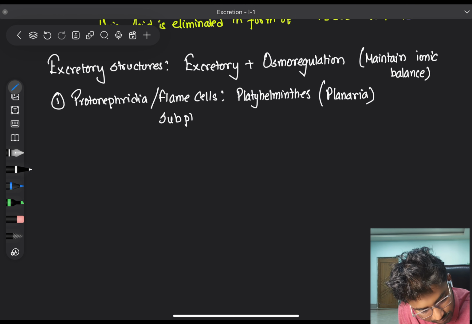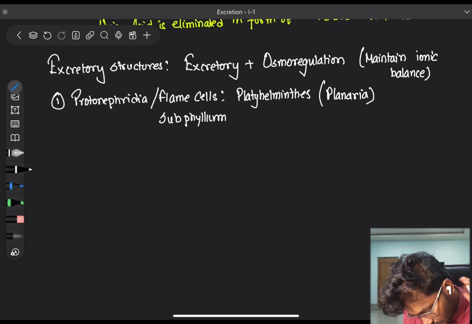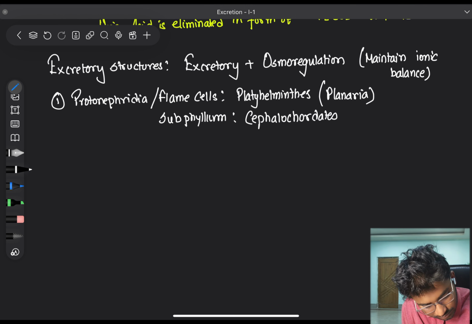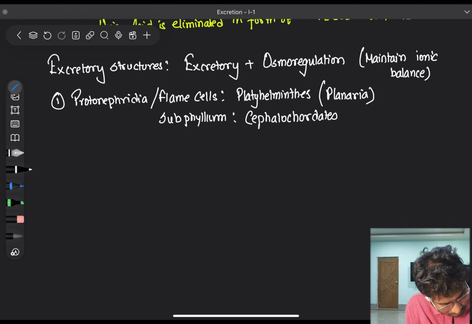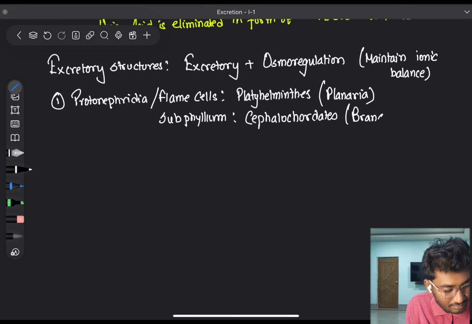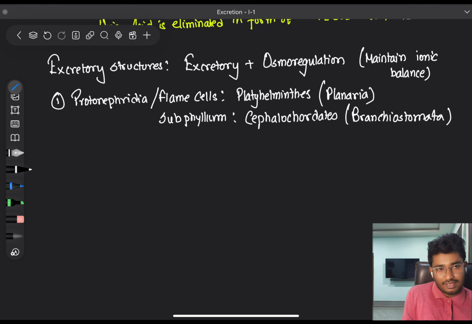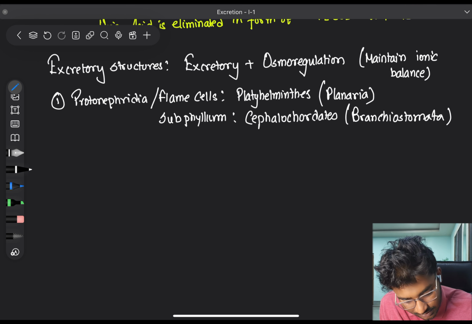Subphylum cephalochordates, that is branchiostoma, which you have probably read in the Animal Kingdom chapter.